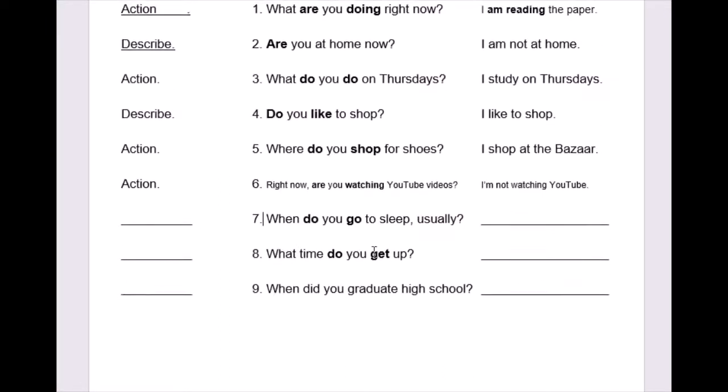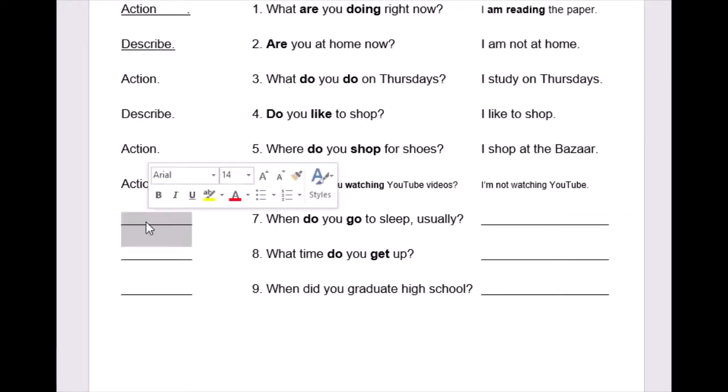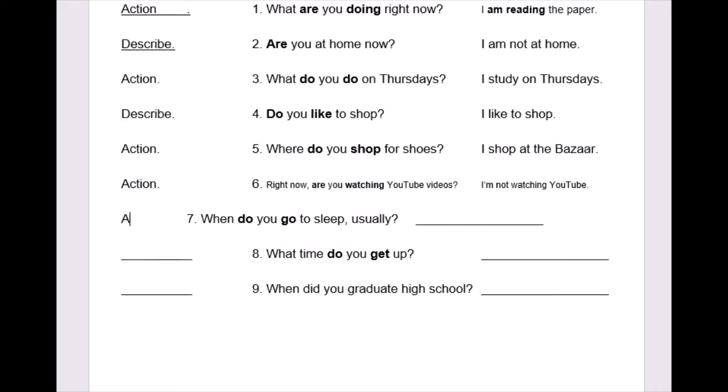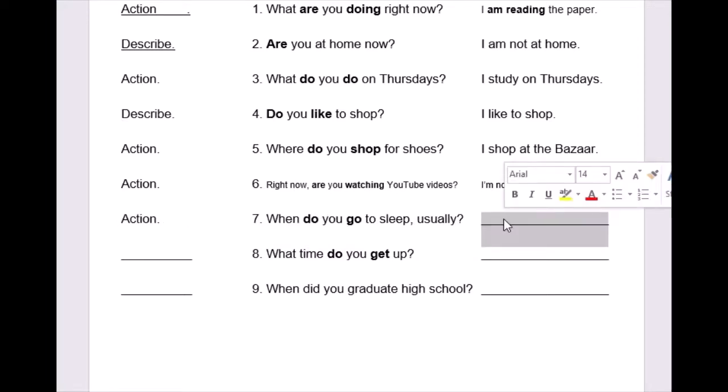Number 7, when do you go to sleep usually? When do you go to sleep? So it's asking about the time. Is this an action, or am I describing a person or a place or a thing? Well, it's an action, right? So how do I answer this question? I have usually.